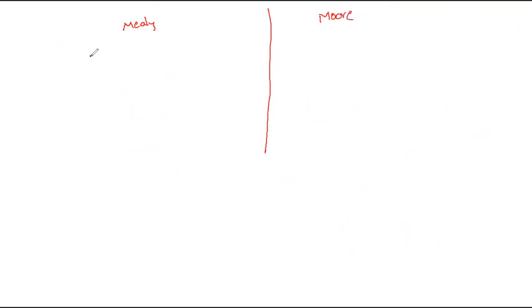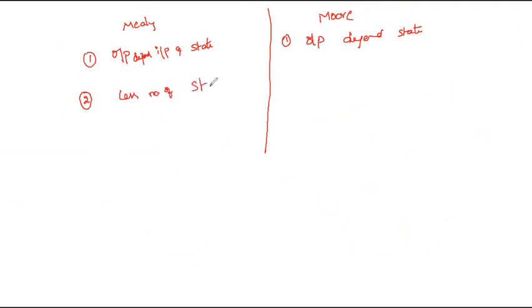The first one: in Mealy, output depends on input and state; in Moore, output depends on state only. Second, in Mealy, fewer states are required; in Moore, more states are required. Number 3: Mealy is fast, Moore is slow.